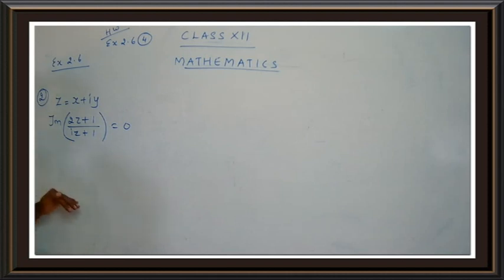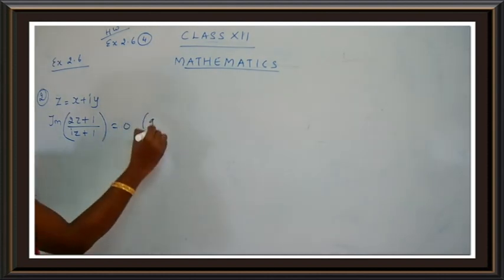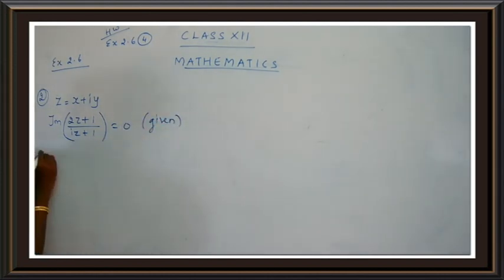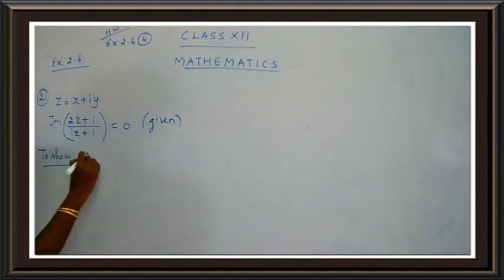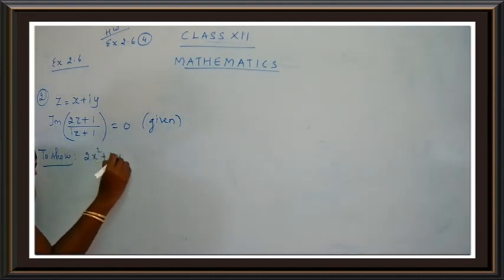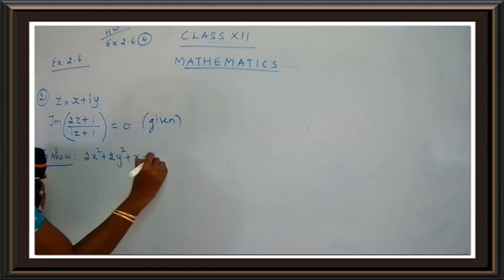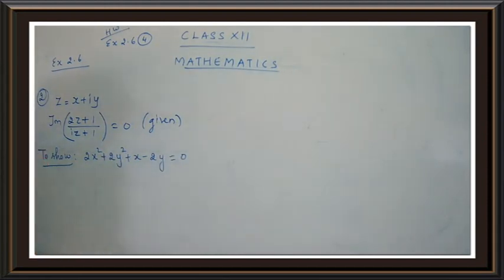Okay, let's start with the work. Imaginary of 2z plus 1 upon iz plus 1 is equal to 0. If you want, you will write one more step. This is given to us, and write down here, to show 2x square plus 2y square plus x minus 2y is equal to 0.